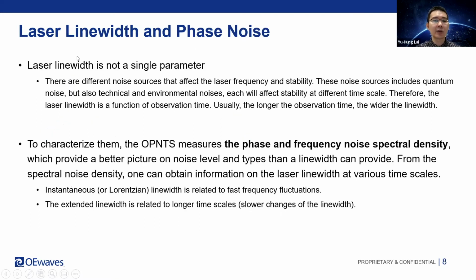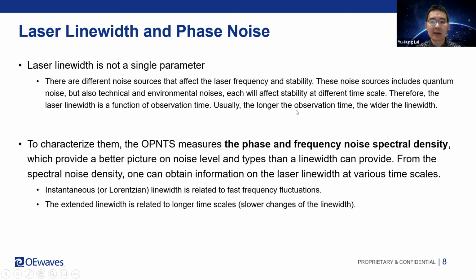So here I want to emphasize that laser linewidth and phase noise go hand in hand. The laser linewidth is not a single parameter. There are different noise sources that affect the laser frequency and stability. The noise sources include quantum noise, but also technical and environmental noises. Each will affect stability at different time scales. The laser linewidth is a function of observation time.